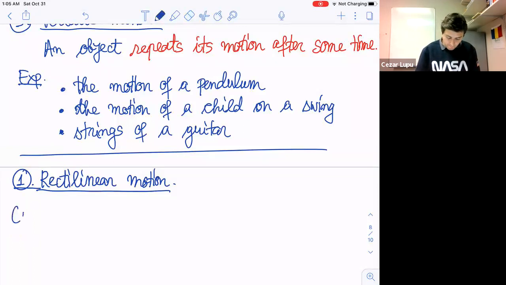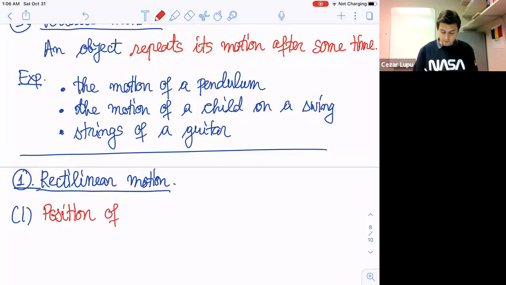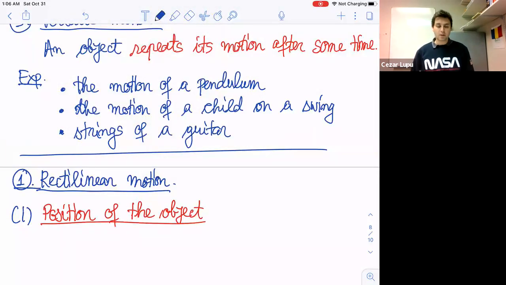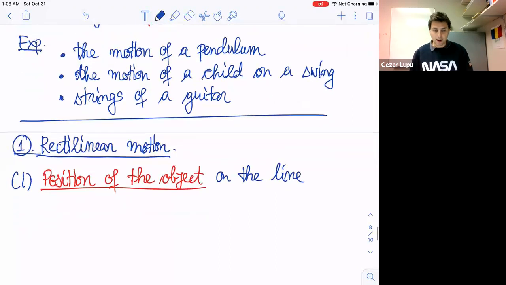So the first thing, the position of the object. So the position of the object on the line, because keep in mind that we have a rectilinear motion, and we said the object moves on a line.